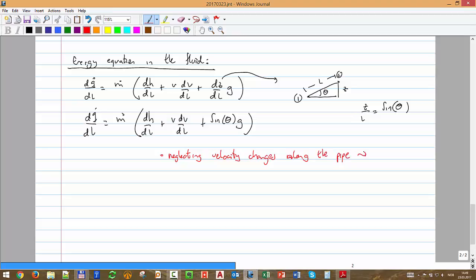That is valid maybe if you have a heavy oil, or oil plus water, with no gas liberation. So then that term can go away.